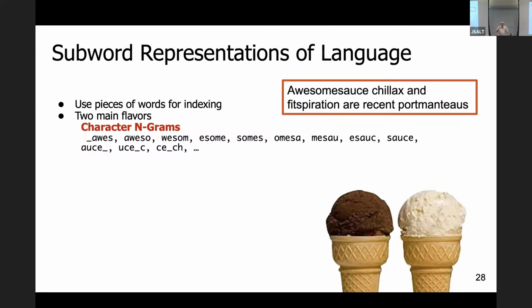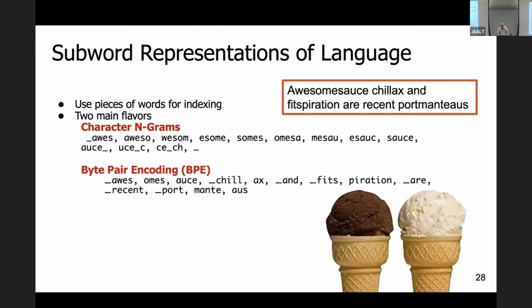Each character is appearing in more than one token, which has implications. But this is how subword tokenization was done for a long time, and it was really effective. There's a really interesting history, which I don't have time to get into now, but if anybody wants to hear an amusing story about an article in Science that was controversial, you can talk to me later. So that's the old way.